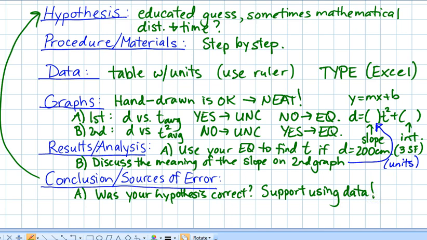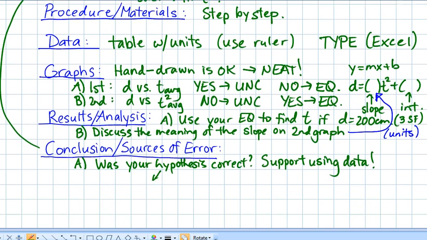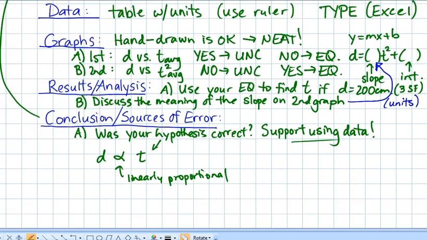So for example, if you said that your hypothesis was distance is linearly related to time, that's how we would write that. So this means it's linearly proportional. You might not have written it like this. You might have said as the distance goes up, so does the time at a linear rate. If you said it like that, you have to support it using your data, using your equation.